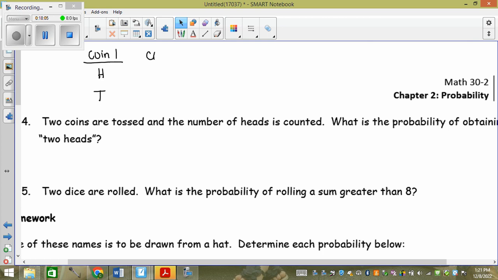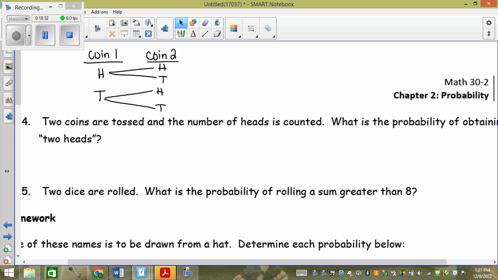And then coin 2, which we did in fundamental counting principle. Now you're going to make a tree branch off of the heads and the tails. So coin 1 could be a head, and then coin 2 could be a head or a tail. If coin 1 is a tail, then coin 2 could be a head or a tail. Remember I told you it's more like a shrub or a sideways tree, not like an actual tree going down like a Christmas tree.